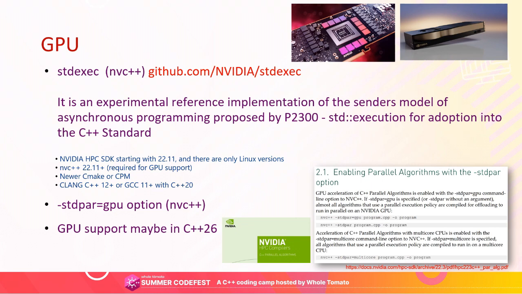And there's another feature, the stdpar option in NVIDIA C++. There's an option for the GPU and an option for the multi-core, so that can be used.